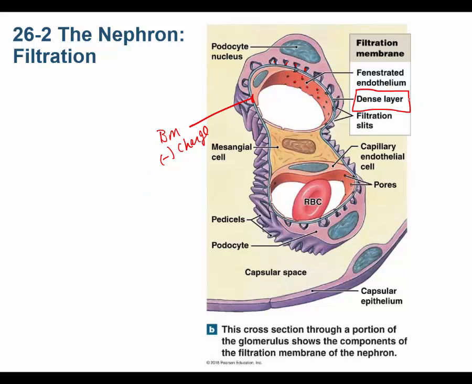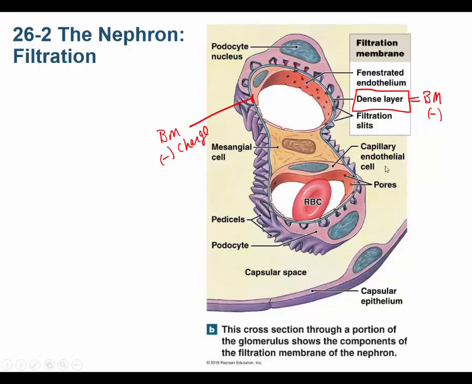The dense layer is the basement membrane, and it's negatively charged. So not only does it have to be small enough, but it also has to be neutral or maybe slightly positively charged, because two negatives will repel each other. So the basement membrane is negatively charged and will repel negative charges.